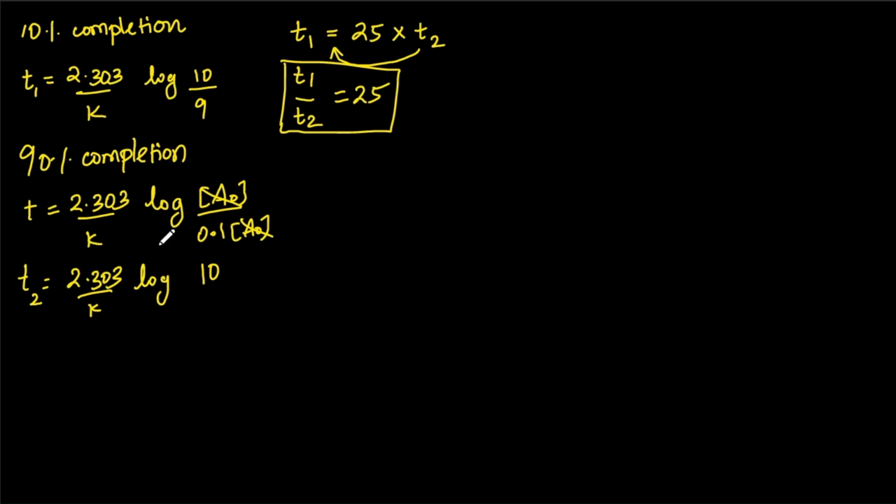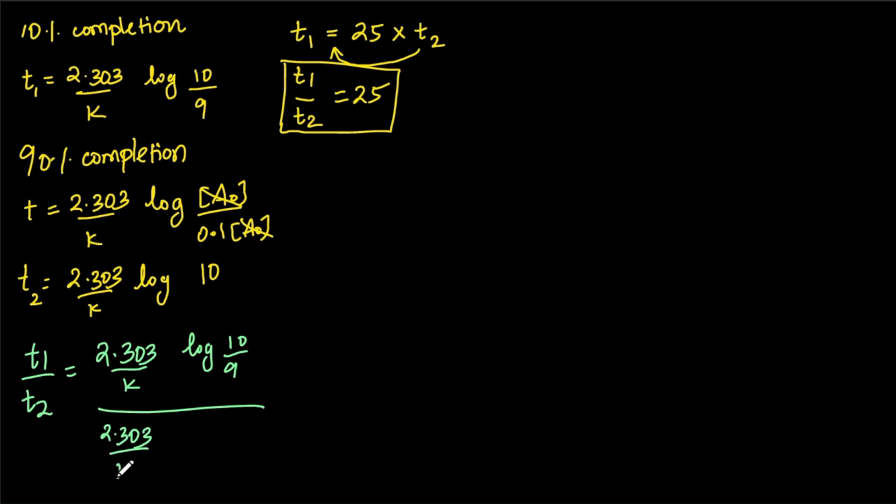So let us check that. We can divide this. So T1 divided by T2 is equal to 2.303 divided by K log of 10 by 9, whole divided by 2.303 divided by K log of 10. So this term will get cancelled and the numerator will become log of 10 minus log of 9, divided by, the denominator is log 10.